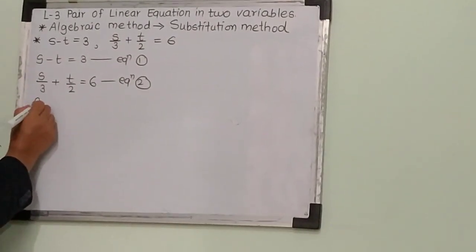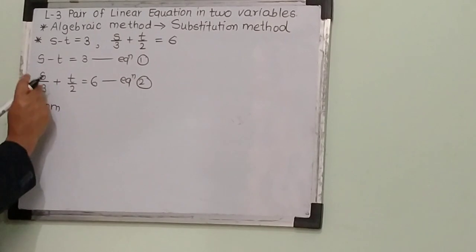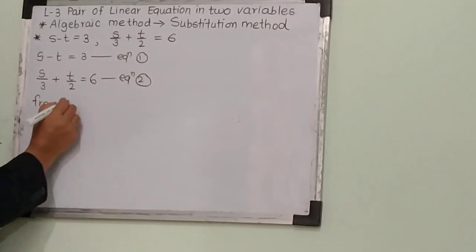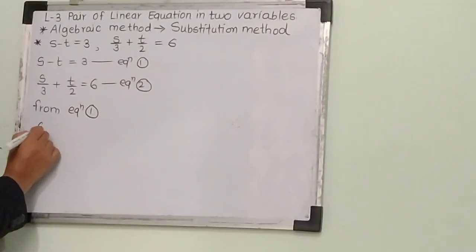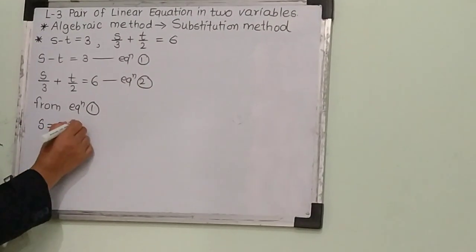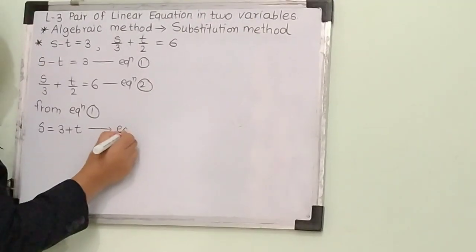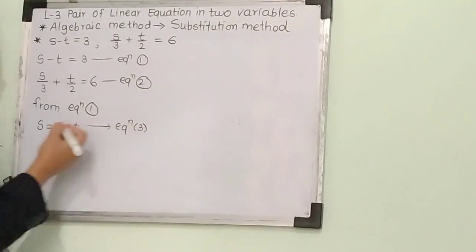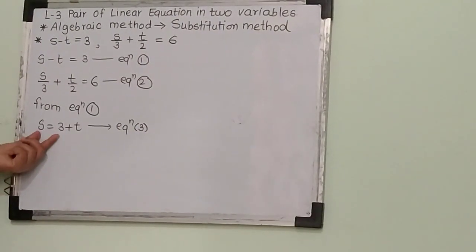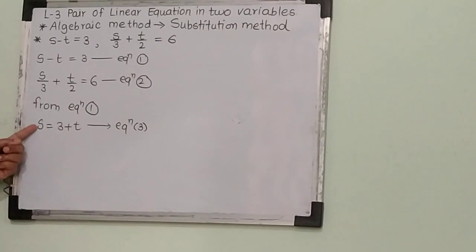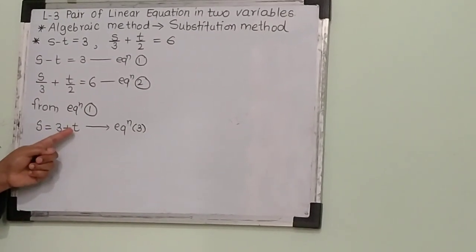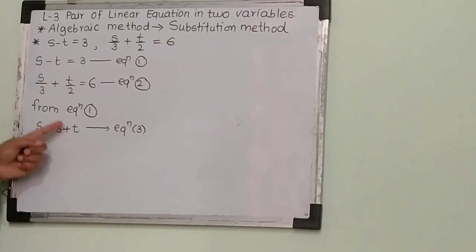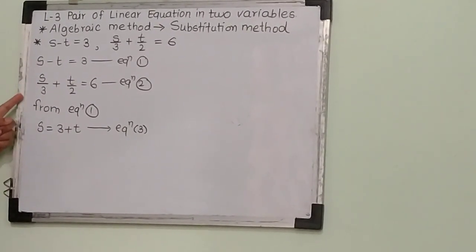Now from the first equation we can find the value of s. So from equation 1 we can write s equals 3 plus t, and we call this equation number 3. Now we can substitute this value in equation number 2.